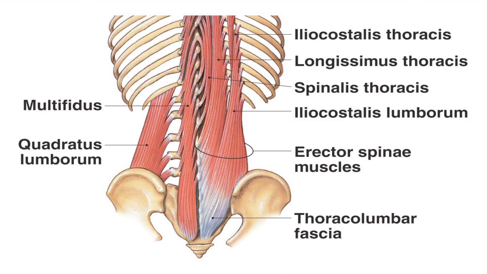Multifidus attaches to the thoracic as well. Now, both of them help with lateral flexion of the back. Okay? And in this picture also you can see that erector spinae group. Okay? You can see the erector spinae muscles. Iliocostalis all the way lateral, longissimus in the middle, and spinalis, the most medial muscle. Okay? That keeps your back erect.